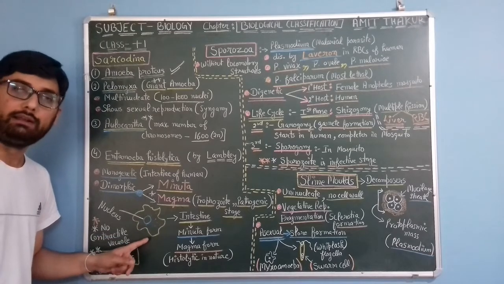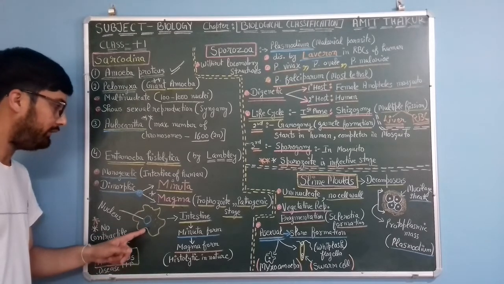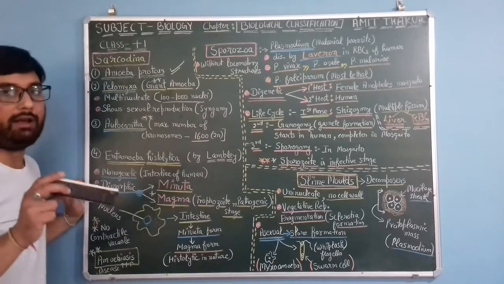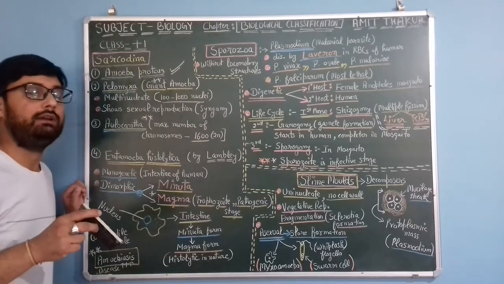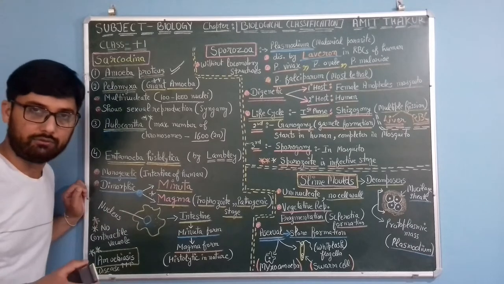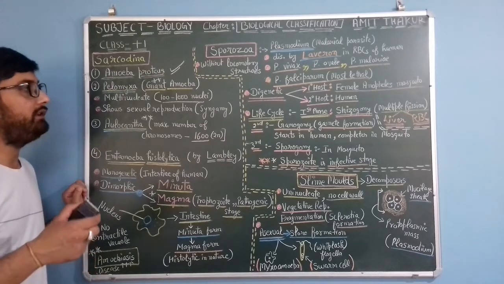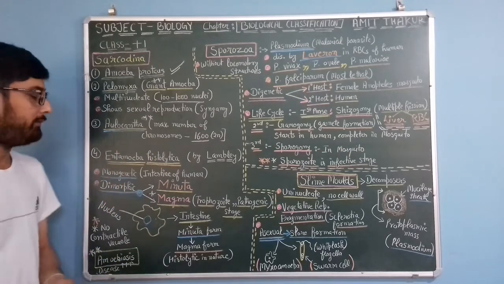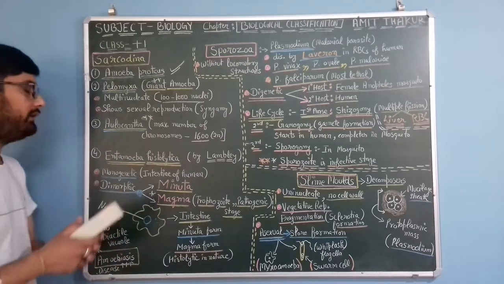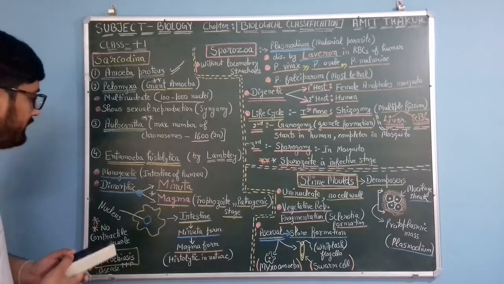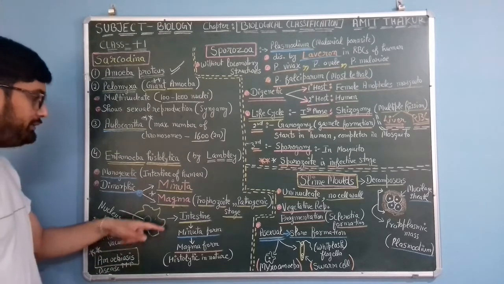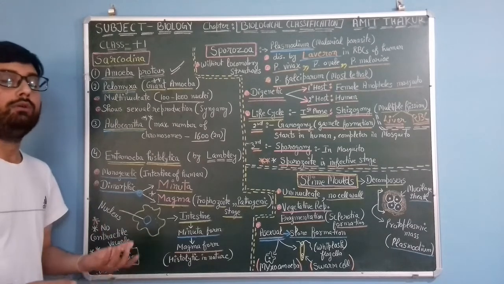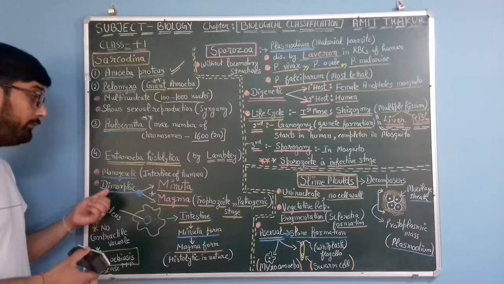As you know, the contractile vacuole functions in osmoregulation, to check the concentration level of fluids, ions and electrolytes inside the organism's body. So Entamoeba histolytica does not have a contractile vacuole. Why? Because it is monogenetic.